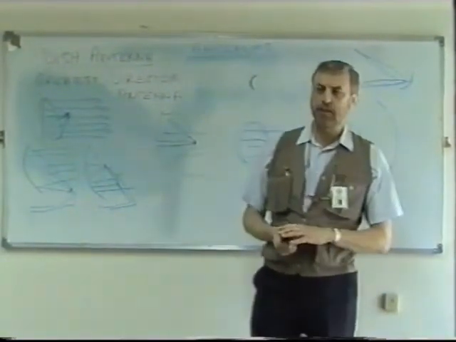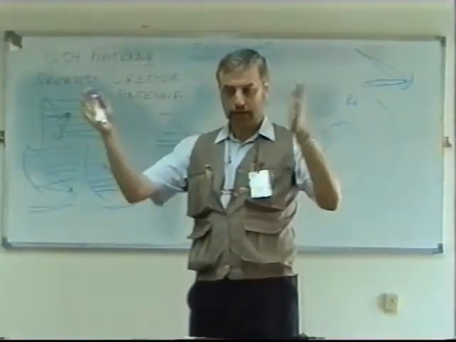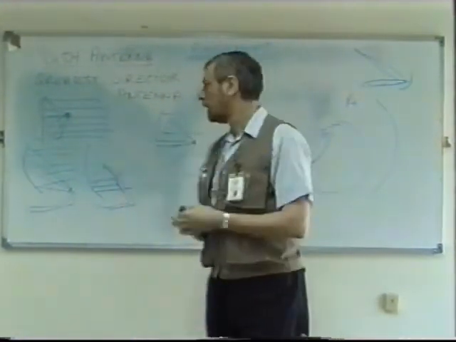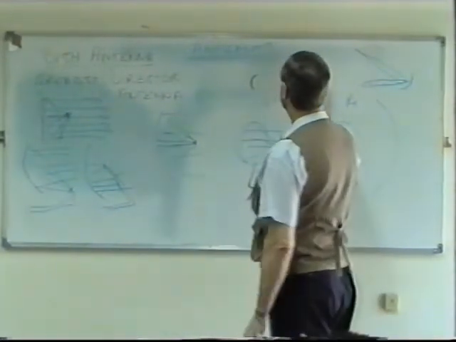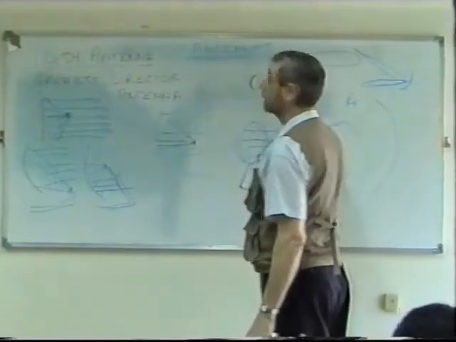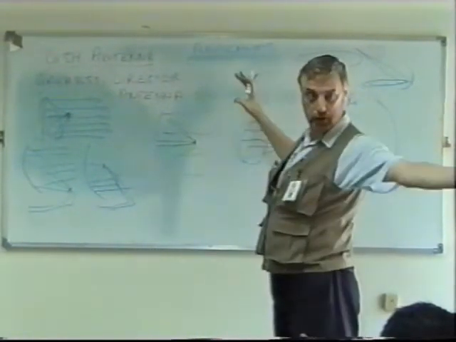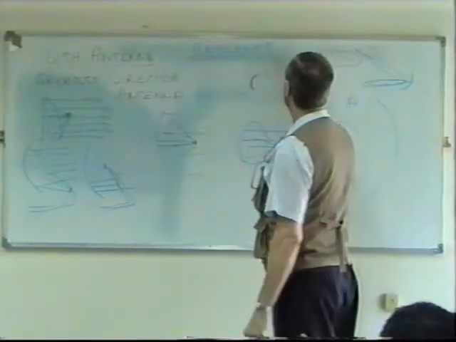And generally speaking, with a bigger dish, strangely enough, it is more directional too. For instance, the main lobe of a small dish might be like this. Polar diagram I'm talking about. But the main lobe of a very large dish might be like this.